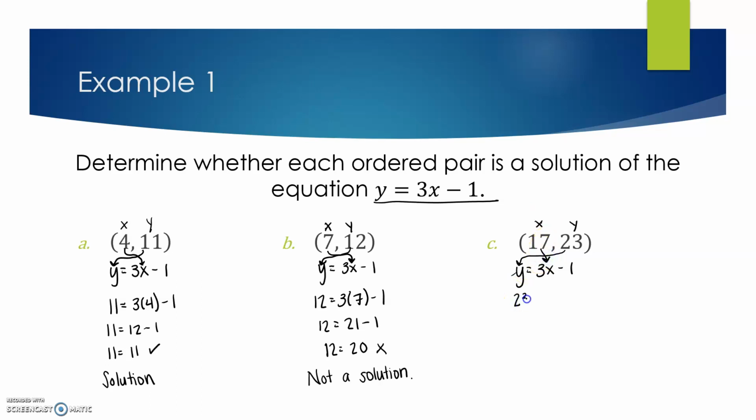So I'm going to get 23 equals 3 times 17 minus 1. On the left-hand side, I can't simplify 23, but if I do 3 times 17, I should get 51 minus 1. 23 equals 50, and those are not the same number, so this would also not be a solution.